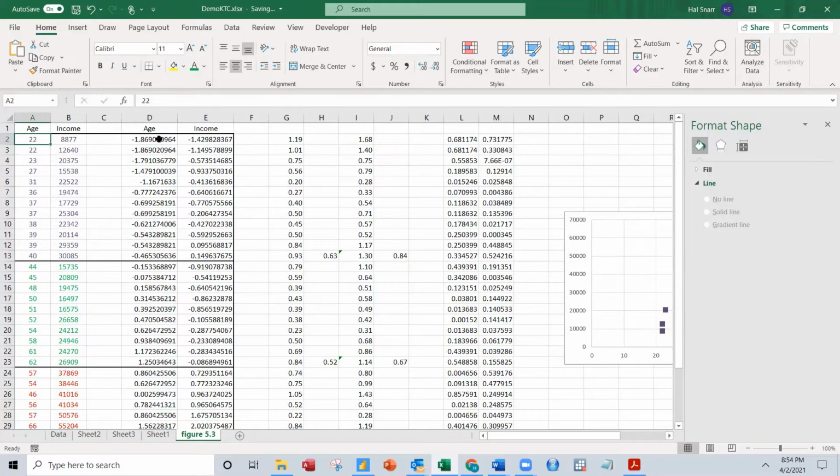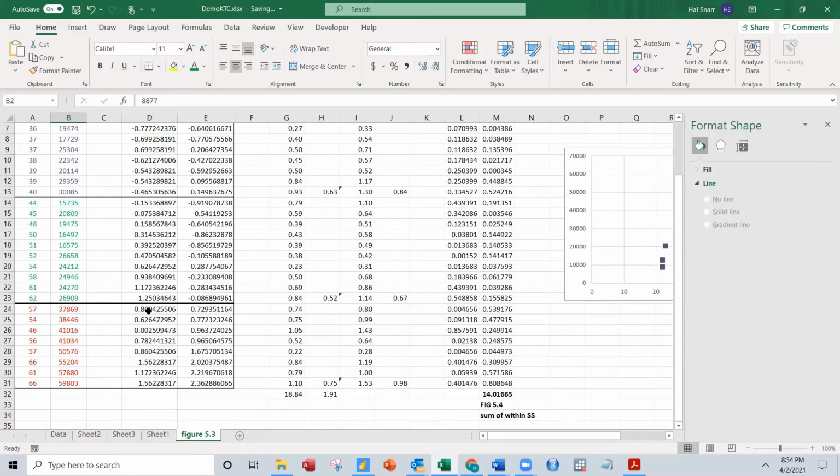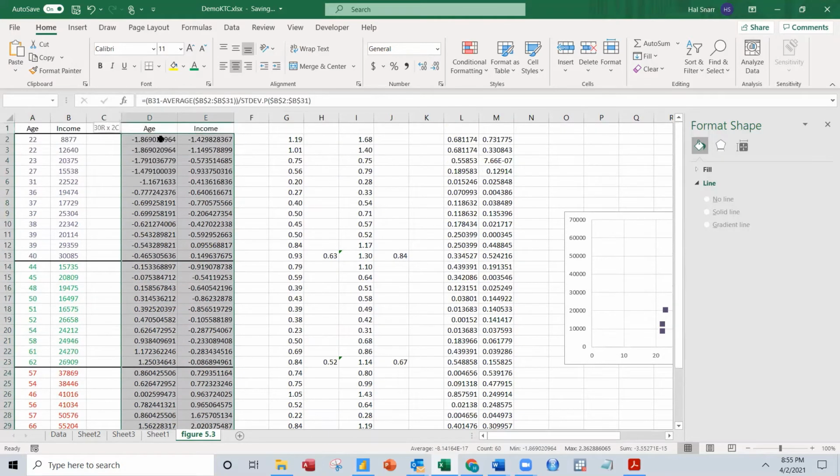It's 1.8, 1.9 standard deviations from the mean. This one's 1.4 standard deviations from the mean. See that? And of course, these are positive here, right? This income level is extreme. Relative to that age, this income level is 2.4 standard deviations above its mean. And this is only 1.6 standard deviations above its mean, right? So the first thing you want to do is standardize these values.